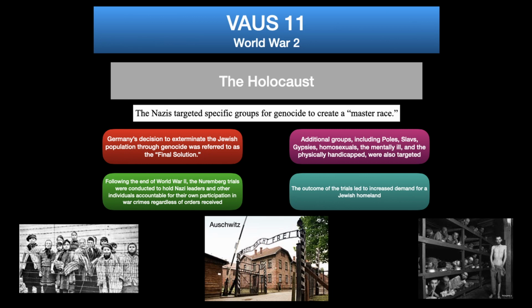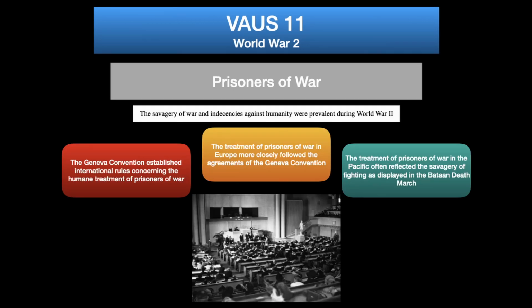It's very enlightening. So prisoners of war were drastically treated differently depending on if they were in the European theater or the Pacific theater. So first you have to understand there's what's called the Geneva Convention. After World War I, it established rules of war concerning the humane treatment of prisoners.